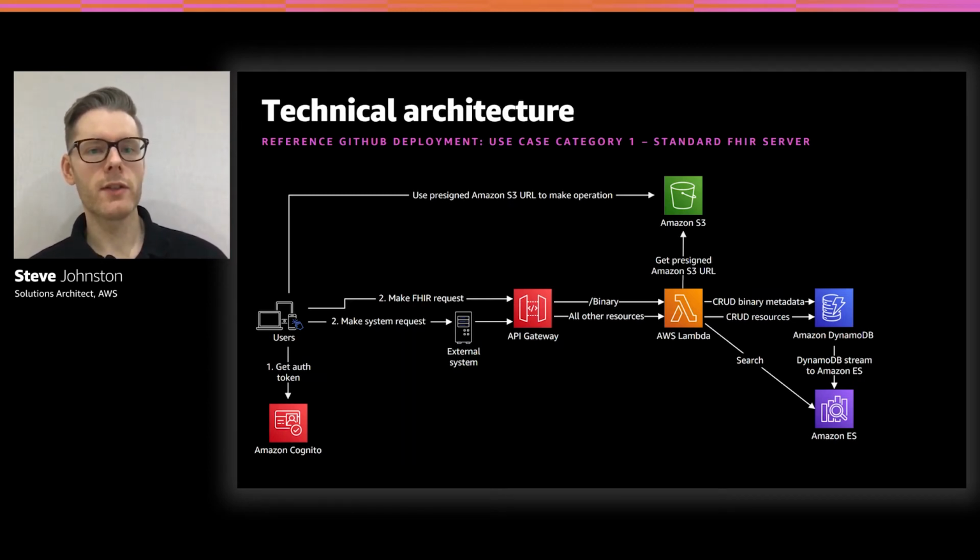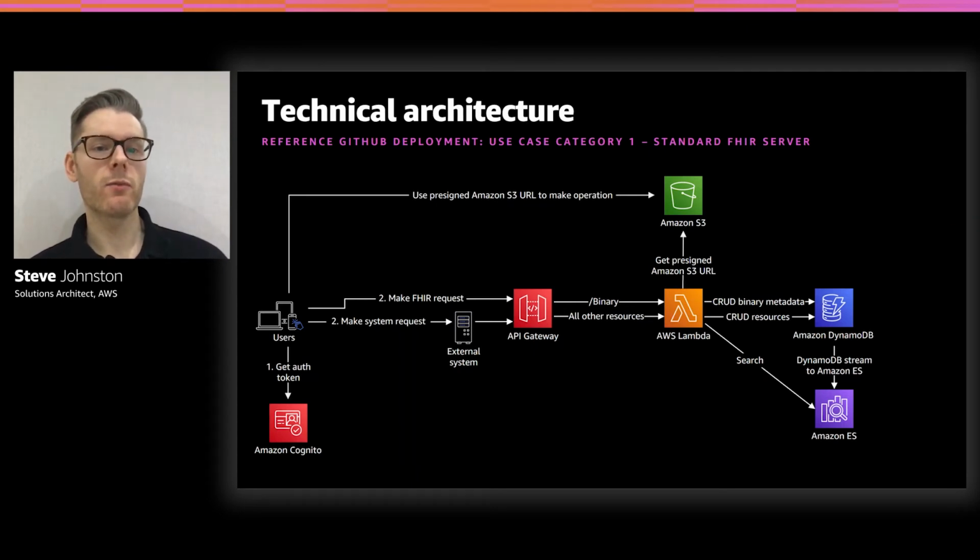All resources, with the exception of the binary resources, complete their create, read, update, and delete interactions against DynamoDB. The workflow for binary resources is slightly different. In that case, a pre-signed S3 URL is generated and sent to the client for its interaction. Reads occur from the pre-signed S3 URL along with metadata from DynamoDB.